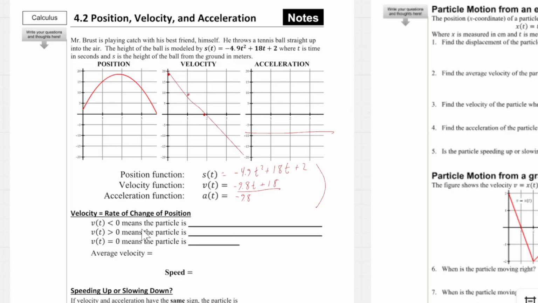So let's say if the velocity is negative, then the particle is moving down. If it's positive, it's going up.